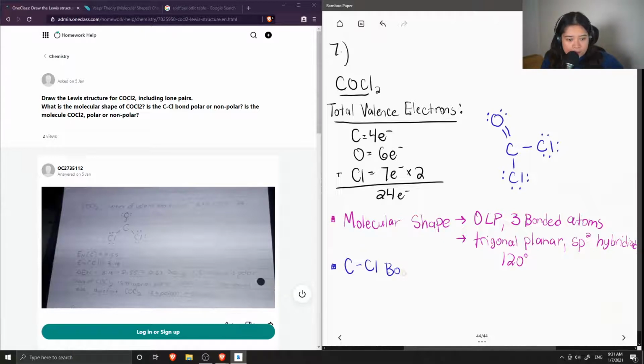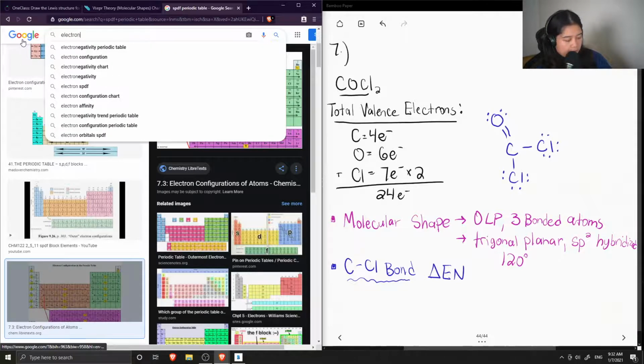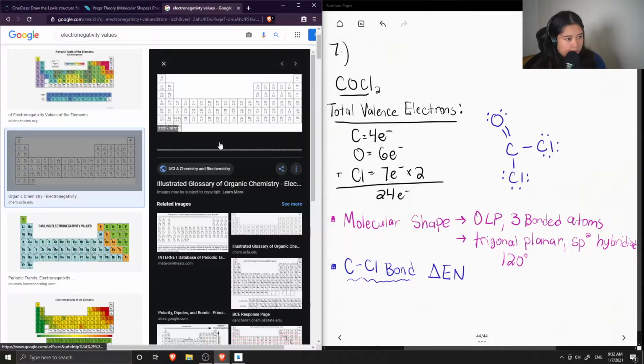So to find out whether or not a bond is polar or nonpolar, we need to calculate the difference in electronegativity of carbon and chlorine. So let me search electronegativity values.